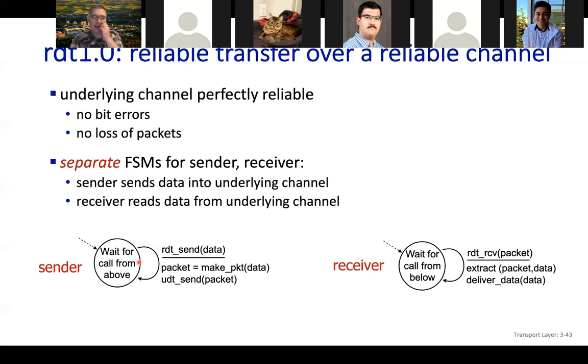After it gets the call from above, it packages the data and sends the packet through the UDT protocol. The receiver side just receives the packet, extracts the data from it, and delivers the data to the application level. Okay, both sides have separate FSMs here.